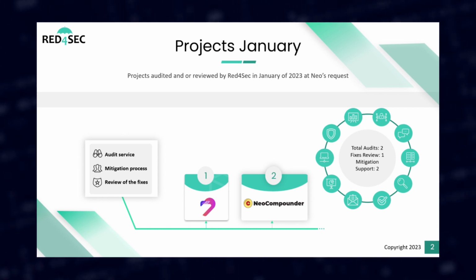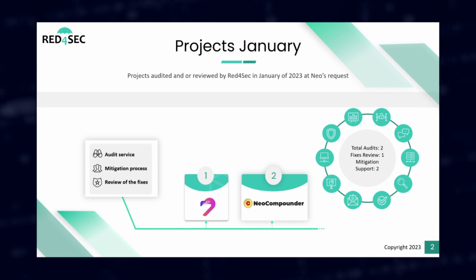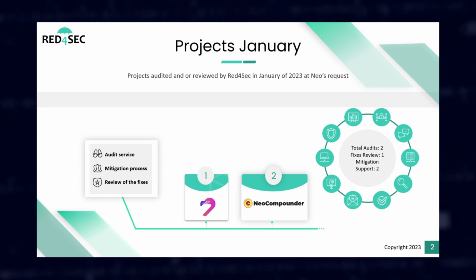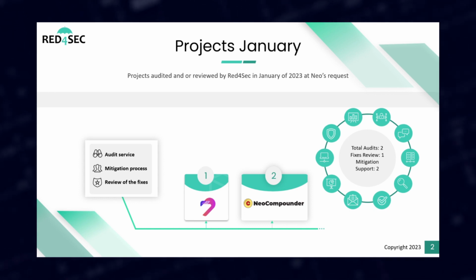With, of course, its mitigation support, fixes review, pull request follow-up, and the final report delivered. Likewise, we are currently planning and finalizing scopes and dates for upcoming audits to be scheduled in the next few months.